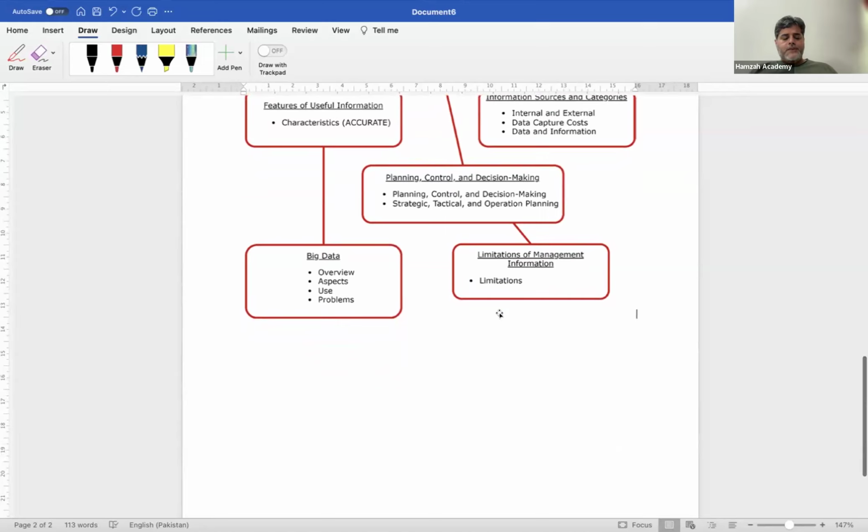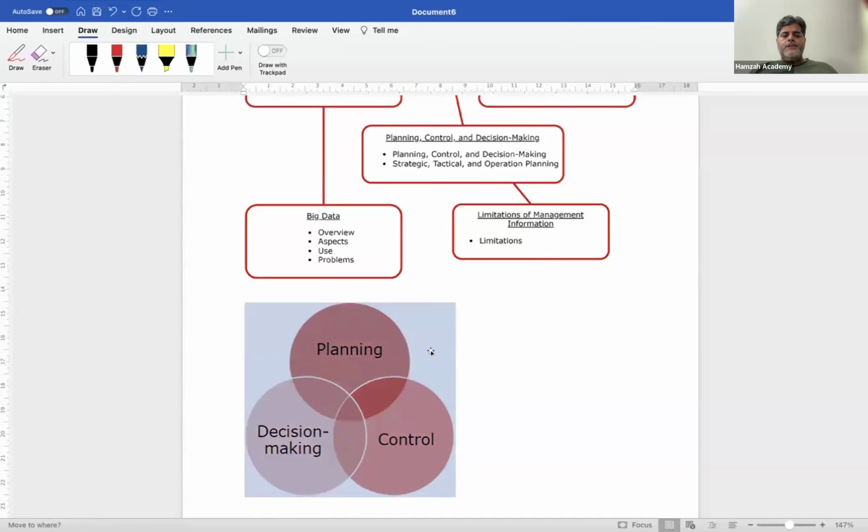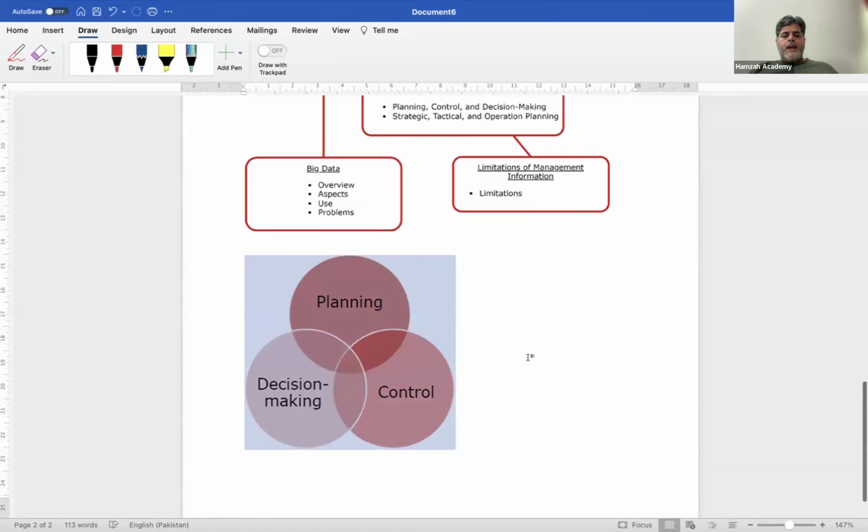Now, when we talk about planning, decision making, and control, we have this diagram which we make. In this area, planning, control, and decision making are intersecting with each other.